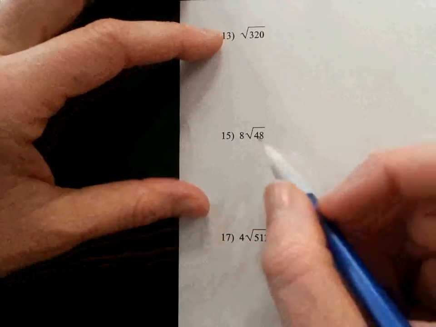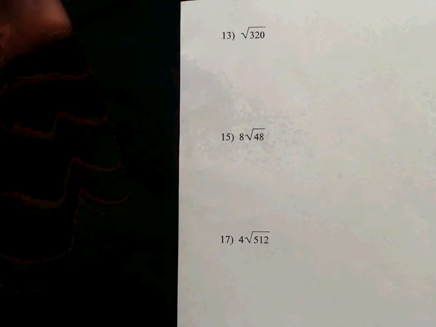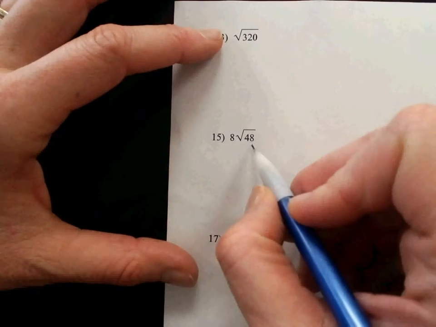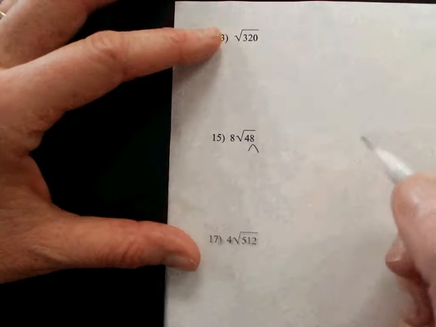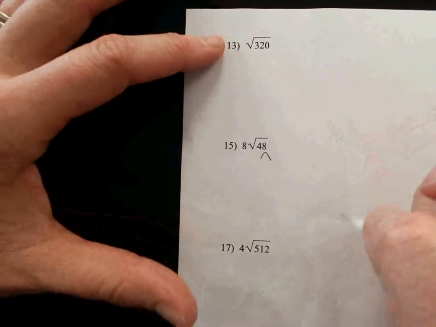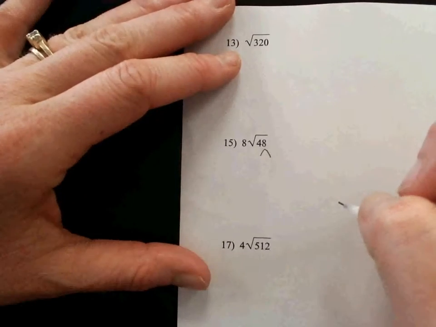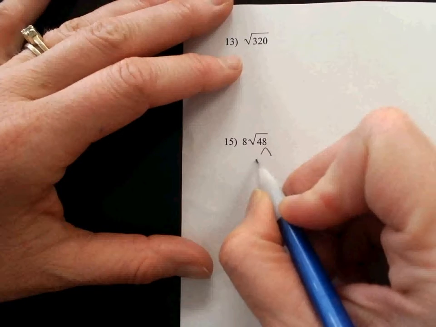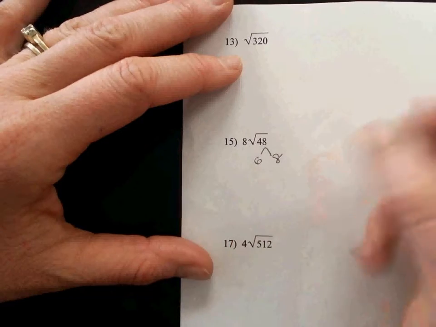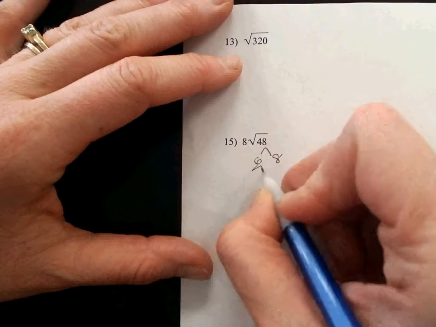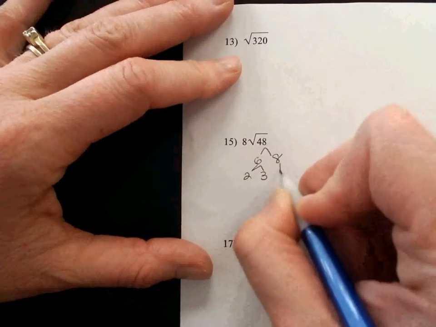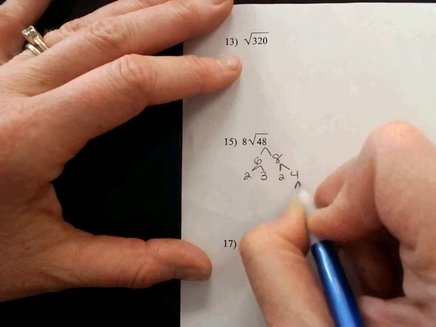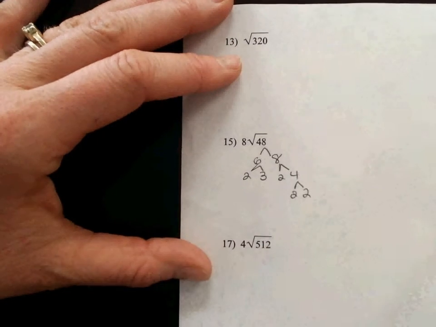All right, so you can see at number 15, we now have a number in front of the radical. It's nothing crazy, but let's practice a couple together. So 48, raise your hand if you see something we could do. Amanda? You were going to say 6 and 8? Okay, so 6 and 8. And then 2 and 3, 2 and 4, 2 and 2.